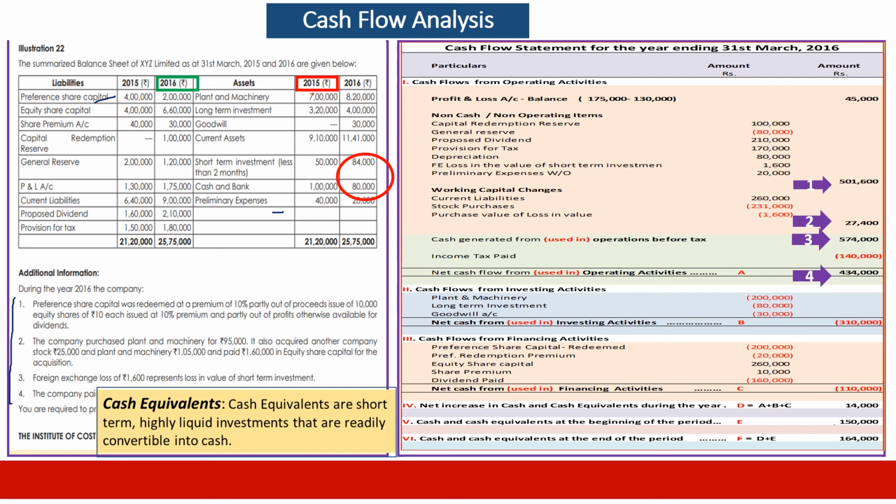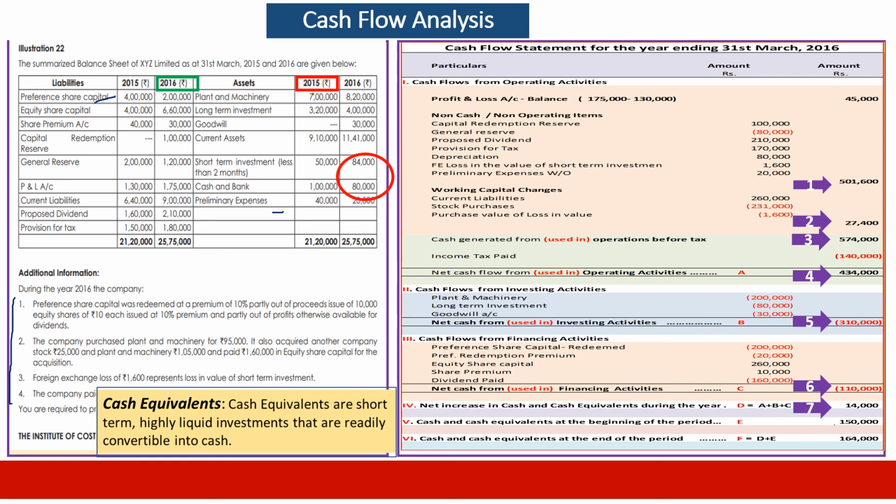Investing activities, our outlay was 2,80,000. From financing, issue of shares, redemption of shares, goodwill, as well as dividend paid, 1,40,000. Net increase in the cash and cash equivalents is 14,000.